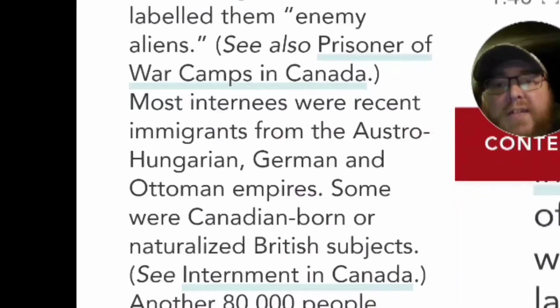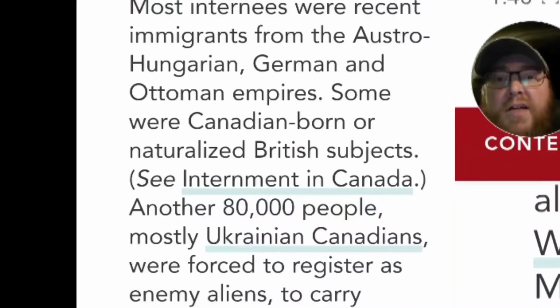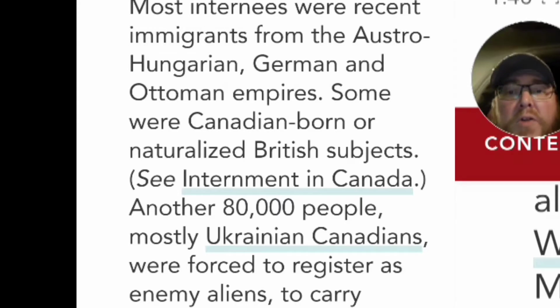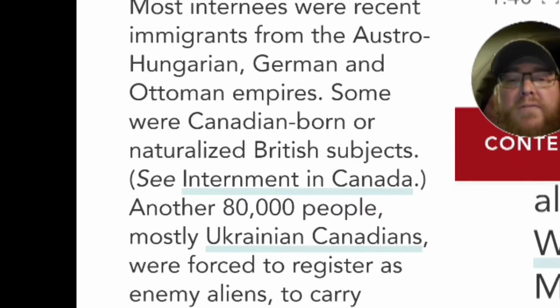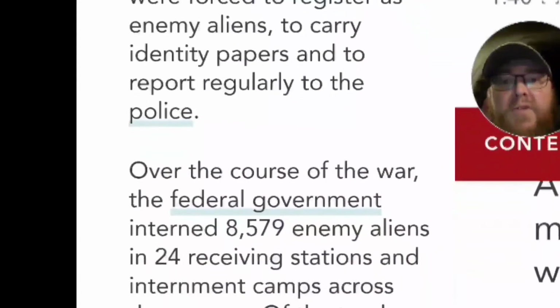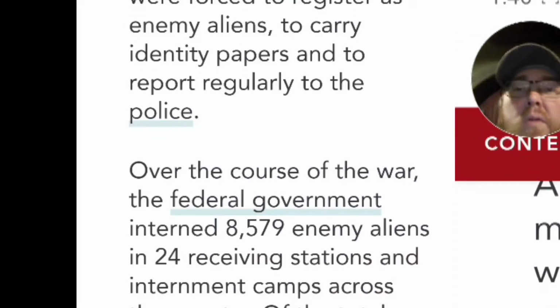So the War Measures Act rounded up Austro-Hungarian, German, and Ottoman Empire citizens or people born there. Some were Canadian born, some were naturalized British subjects. For people who don't know Canada, like Australia and India, we have a lot of ties to the UK, still even to this day. And some other ones, like people from Ukraine, had to walk around with papers and regularly report into the police.